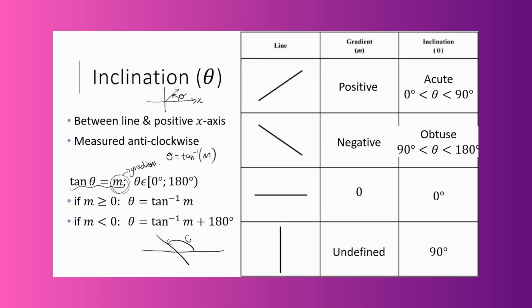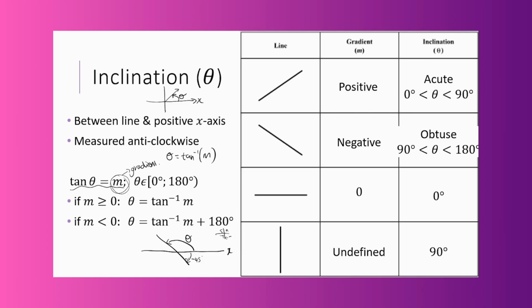So you are always looking for the angle between the x-axis and the line. But what you are calculating, if it's a negative value, is actually the acute value. So for example, you might get negative 45. That's because, remember our CAST, negative angles are here in the fourth quadrant.